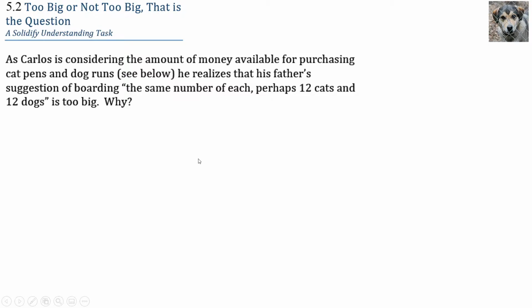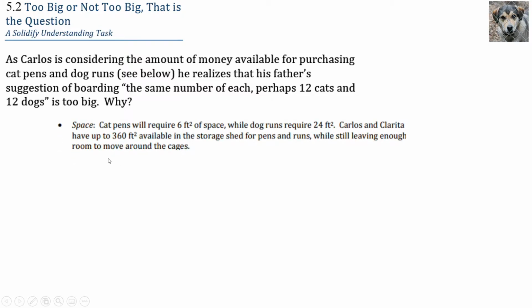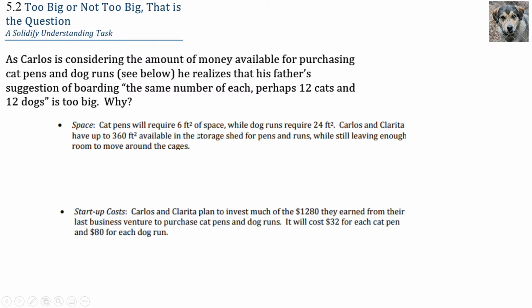So, amount of money, let's see. We had a space constraint, all right? And we had a startup cost constraint in 5.1. He realizes that his father's suggestion of boarding the same number of each, perhaps 12 cats and 12 dogs, is too big. Why? All right, let's take a look at this.